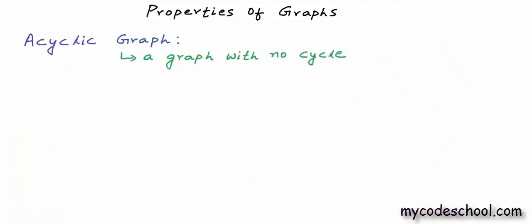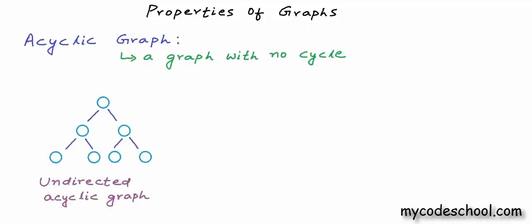A graph with no cycle is called an acyclic graph. A tree, if drawn with undirected edges, would be an example of an undirected acyclic graph. Here in this tree we can have a closed walk, but we cannot have a simple cycle. In this closed walk that I'm showing you here, an edge is repeated. There would be no simple cycle in a tree.